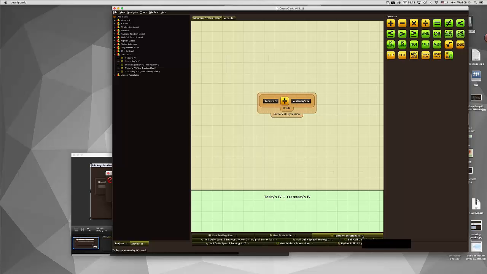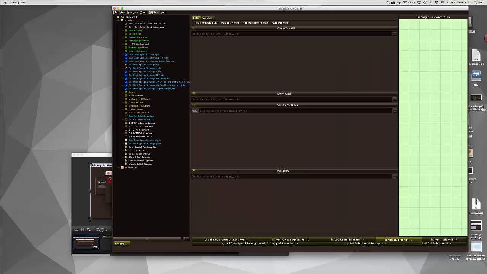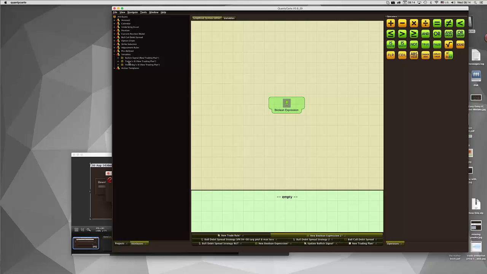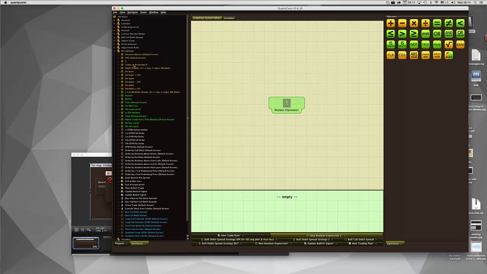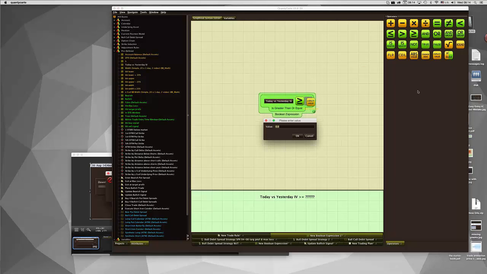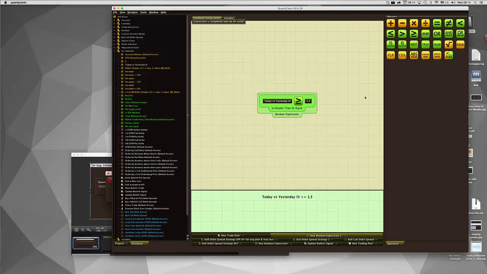And then I could go in and create another expression. Now I've got today versus yesterday IV, and I would say that if it's greater than a certain value, let's say 1.3, I want it to be up 30%.